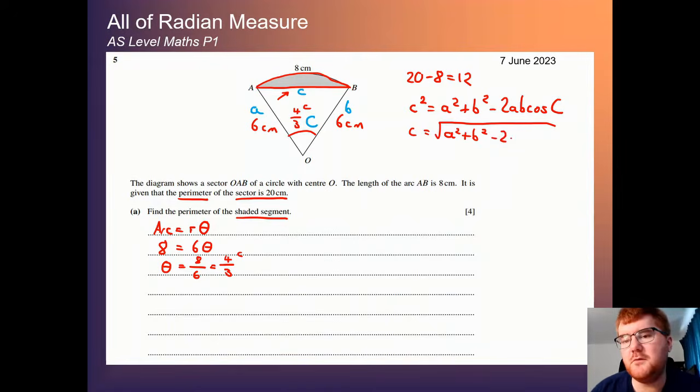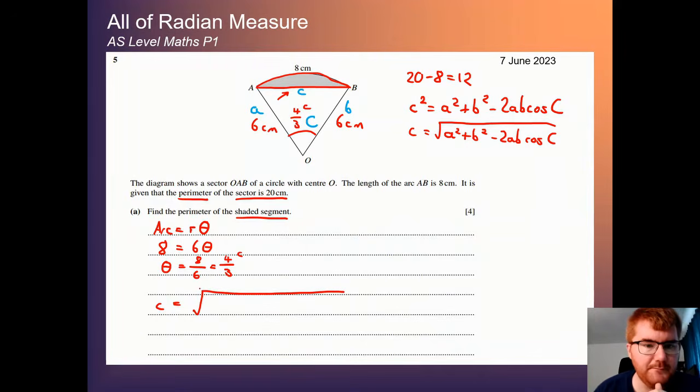So I do not want to waste time or space in the exam, so I'm going to be writing this in. So small c here is equal to the square root of 6 squared plus 6 squared minus 2 times 6 times 6. Now remember, the cosine is in radians, so make sure when we go to our calculator in a moment, this is in radians, otherwise you'll get the wrong answer.